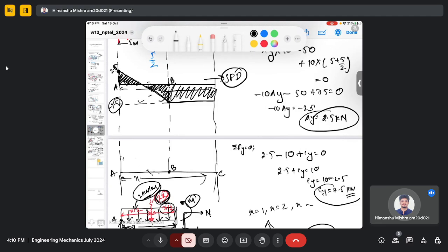So it will vary like this. If you keep changing the x value, you will get different values. So this is 12.5 and minus.